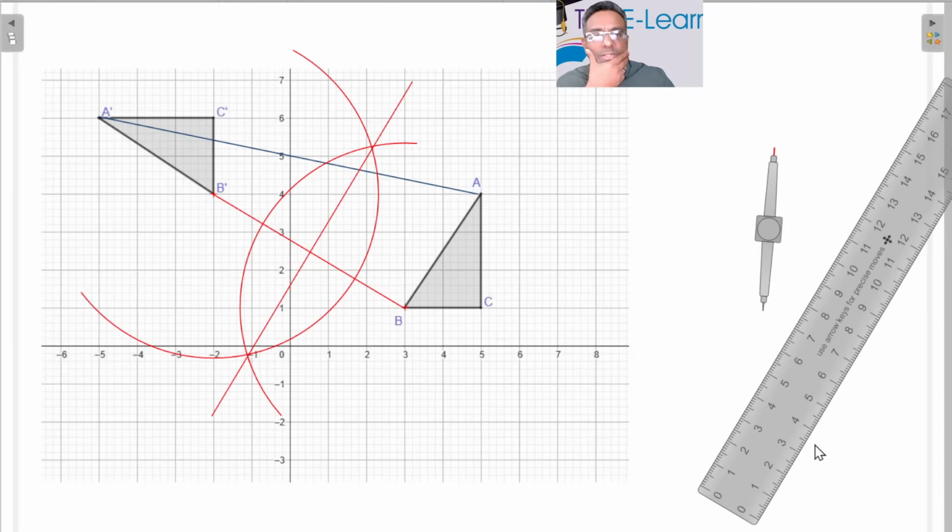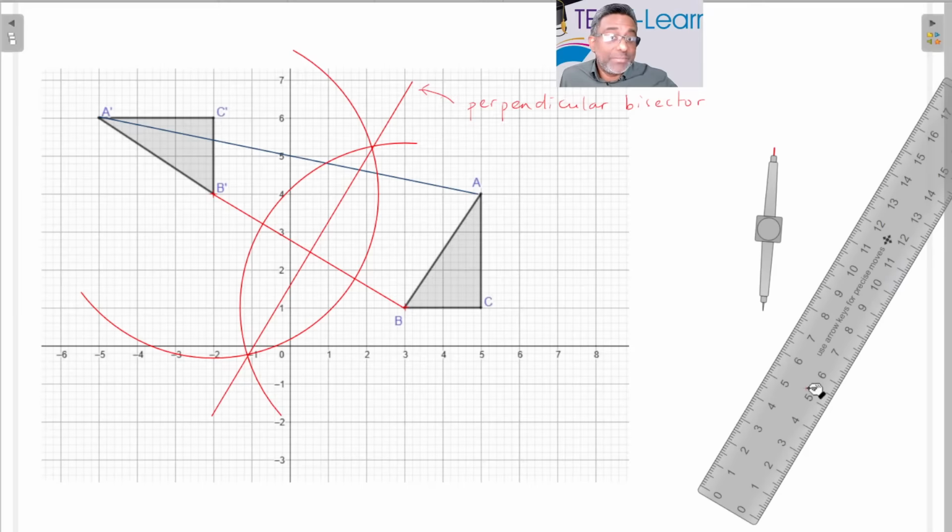Okay, so let me label this for you here so you understand what's happening. So this line here is the perpendicular bisector. Right, that's the perpendicular bisector of the red line.